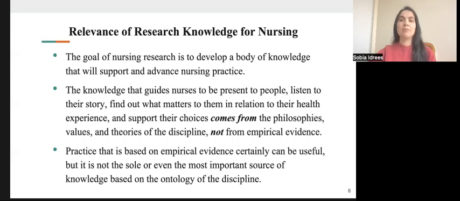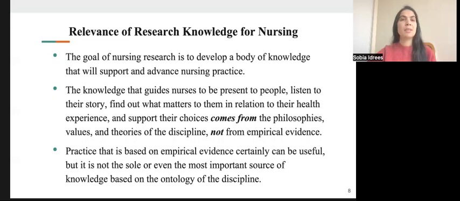Yes, we definitely need this knowledge for our nursing practice, but it is important to recognize that the knowledge that guides nurses to be present to people, listen to their stories, and find out what matters to them in relation to their health experience and support their choices. That knowledge comes from the philosophies, values, and theories of the discipline, not from the empirical research or empirical evidence.